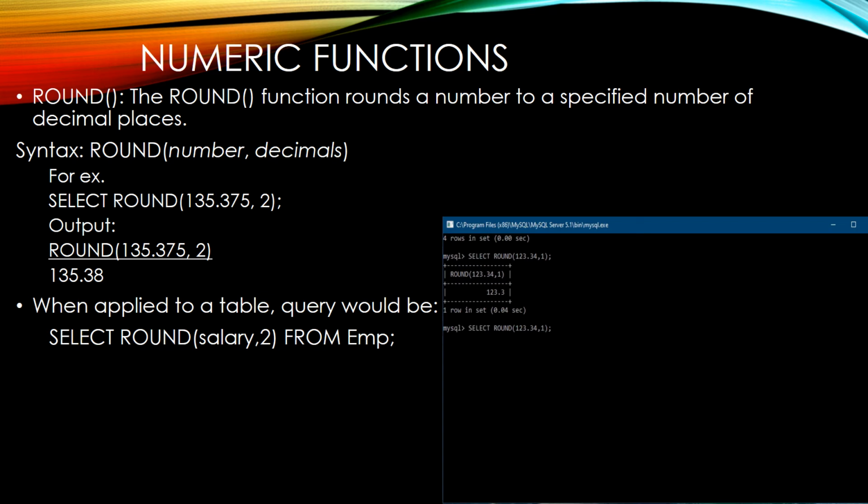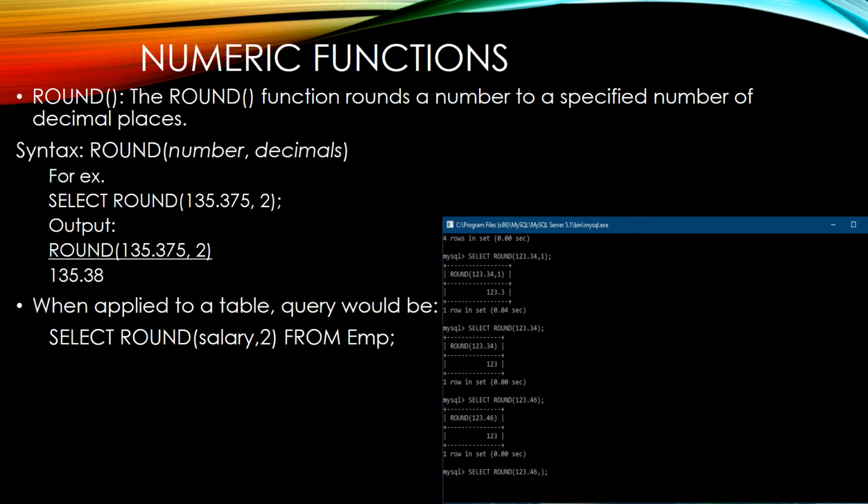If I am not passing the second argument, then it will round off this number to 0 decimal places. The output would be 123, that is, no decimal places would be there. If I am changing the number after the decimal places to 46, then the output would be 123.